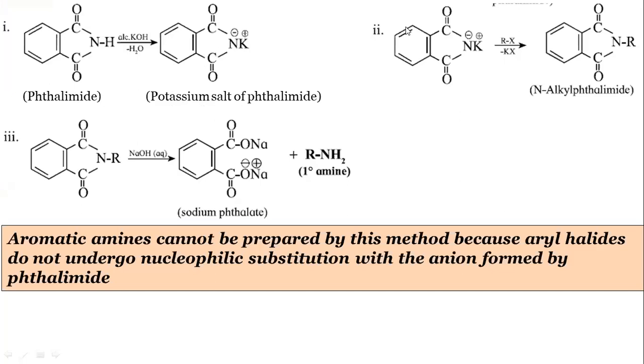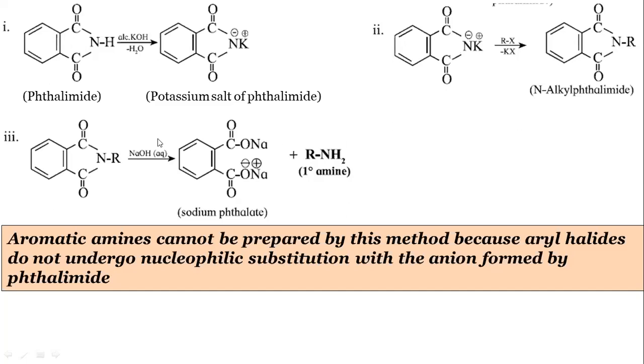In step number 2, see what is happening. This potassium salt of phthalimide reacts with alkyl halide. We get N-alkyl phthalimide. So in the second step, the alkyl halide is added to the potassium salt of phthalimide, and we get N-alkyl phthalimide.